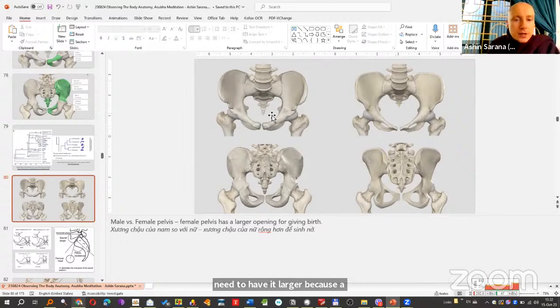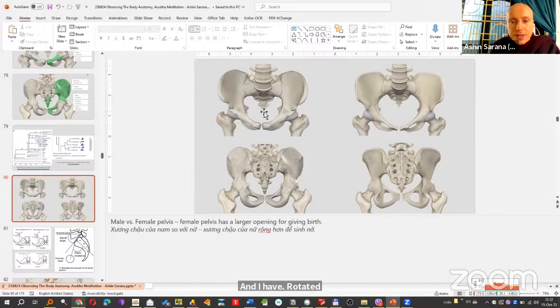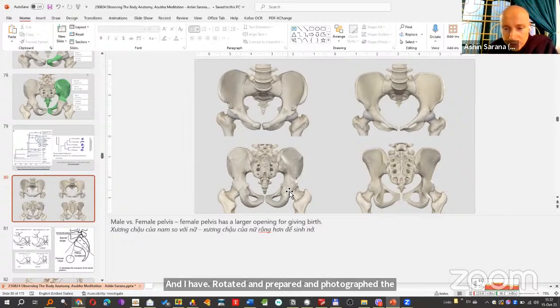So the skeleton of gentlemen can be distinguished by relatively smaller space between the two pelvic bones. And I have rotated and prepared and photographed the bones here so that you can see it also from the back. So we can see indeed that there is a difference.